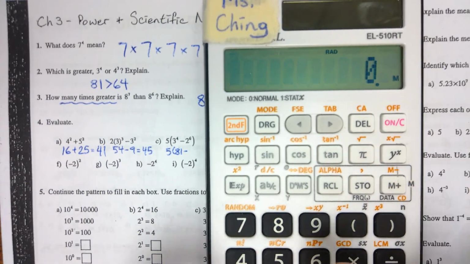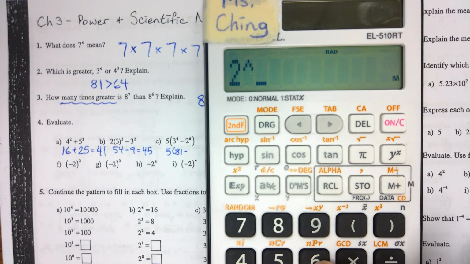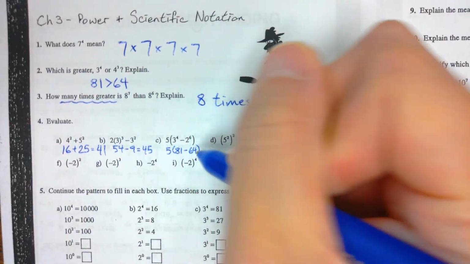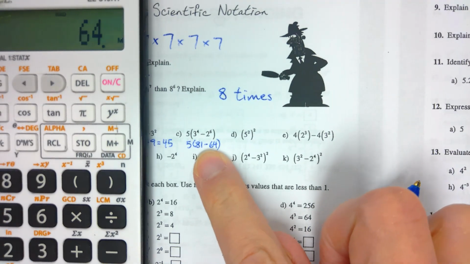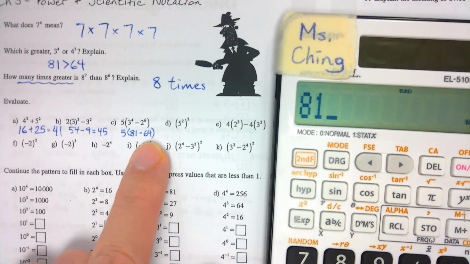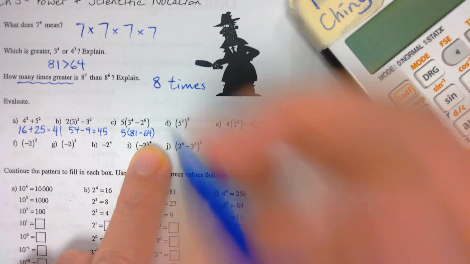You could do 2, this is your exponent button, and then the 6. Okay, so you get 64. So in your calculation, you should do 81 minus 64, and then times it by 5. So equals 85.